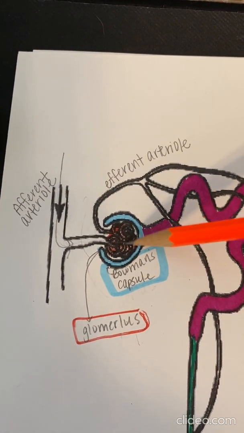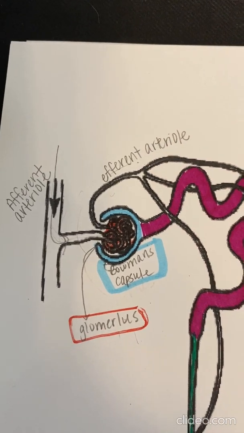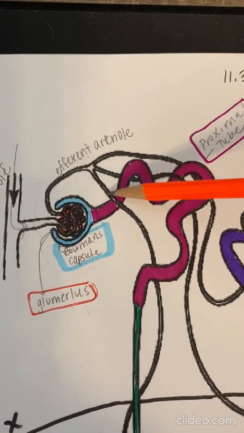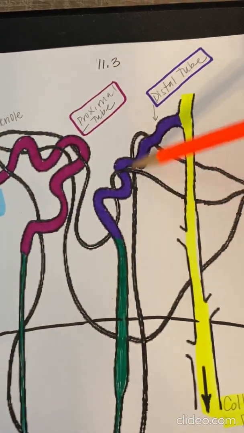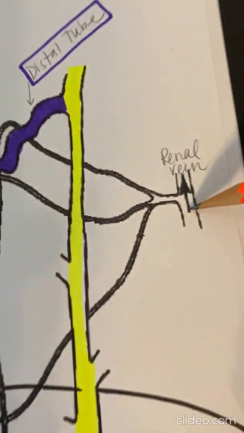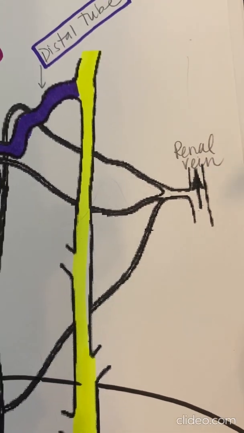Afferent comes into the glomerulus; efferent is how the blood leaves. Here are just a bunch of blood vessels, and all that blood is going to be collected in the renal vein and then leave the kidneys.